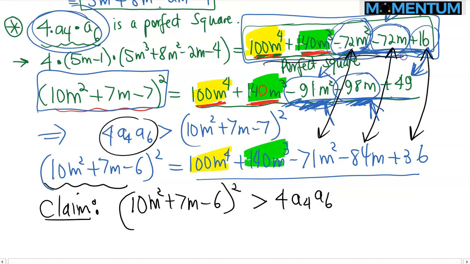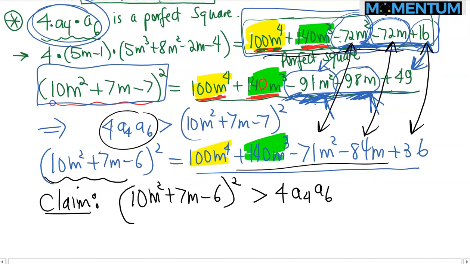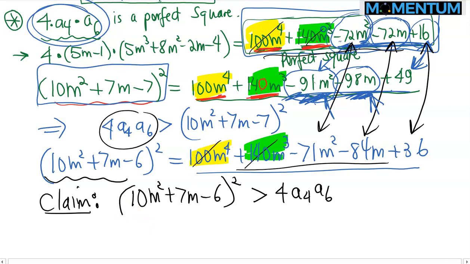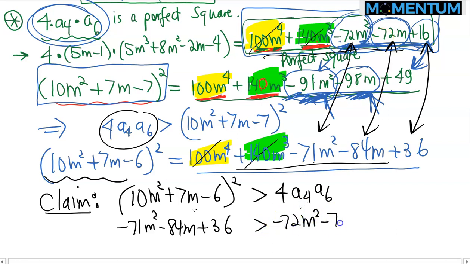Well, I just plug in these expressions, polynomials in m, but I already know that there are some cancellations, namely those two will cancel and these two will cancel. So what will be left as a result will be the following. For this one, we have minus 71m squared minus 84m plus 36 is greater than, on the right hand side, we were just left with minus 72m squared minus 72m plus 16.